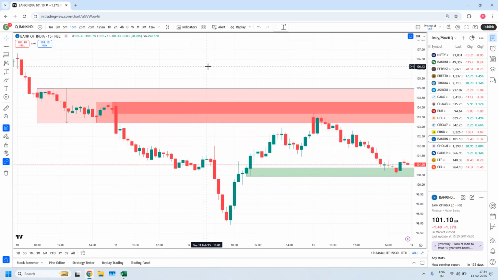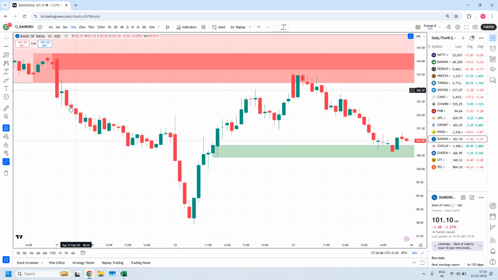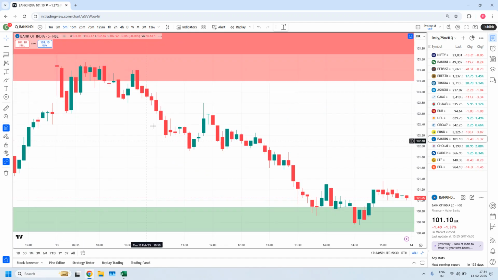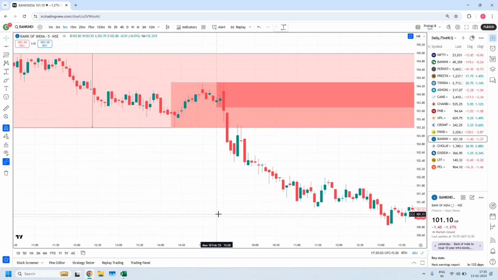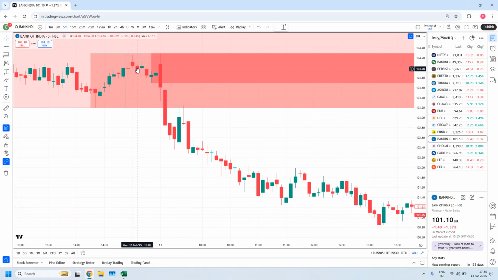So here you have a 15 minute zone, a drop candle, 1, 2, 3, 4, 5 base candles and a drop candle. Drop base, drop. So within this 15 minute zone, 5 minute zone, you have a drop candle, you have 1, 2, 3, 4 base candles and a drop candle.